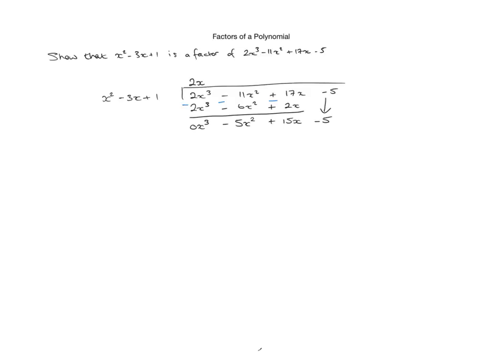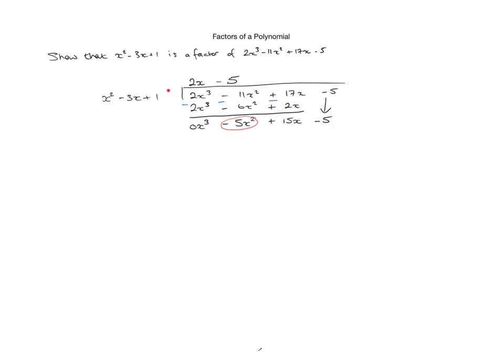Then we now look at this bit here, and we're going to run through the exact same process. I look at minus 5x squared, and I look at x squared. What do I have to multiply to get from there to there? Well, it's minus 5. That means I'm going to multiply the whole expression, just like we did before, by minus 5.